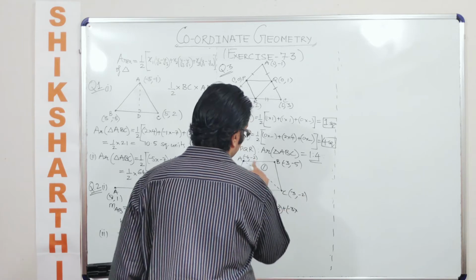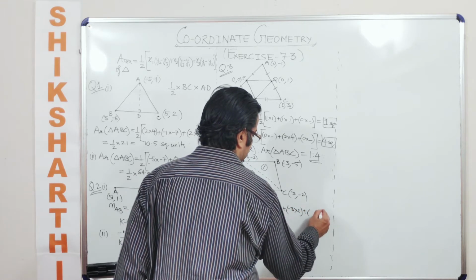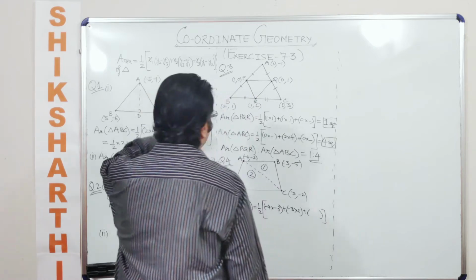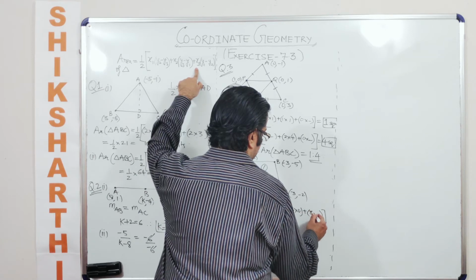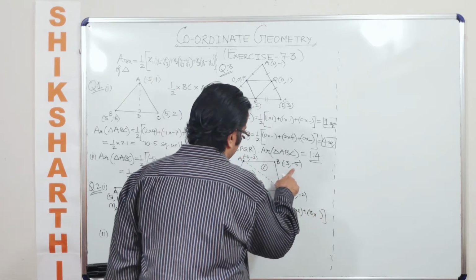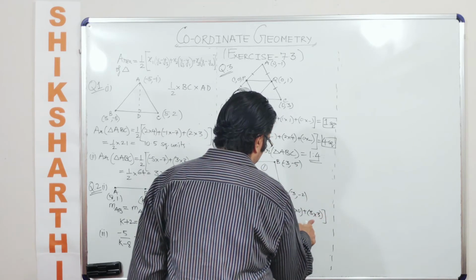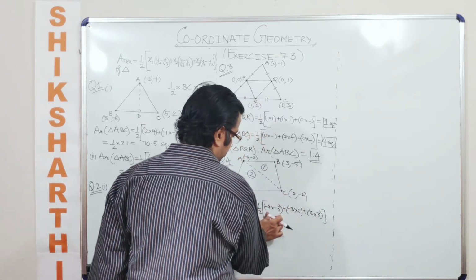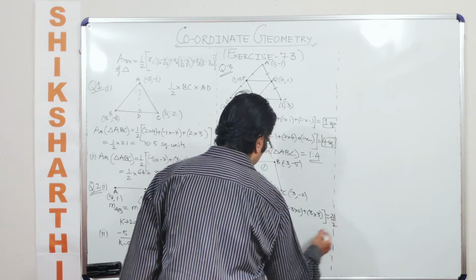So y3 minus y1 is 0, plus the last part. So you have to take x3, so x3 is 3 multiplied with y1 minus y2. So y1 minus y2 is just like saying -2 plus 5, which is 3. So 9 plus 12 is 21 by 2. So let's say this is 21 divided by 2.